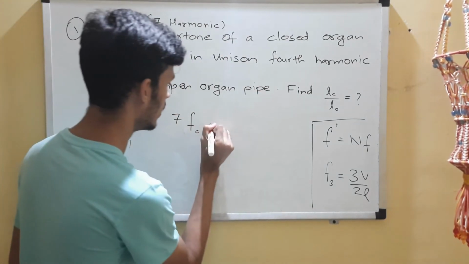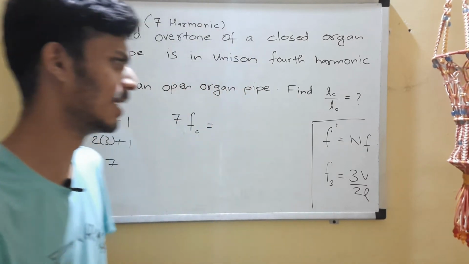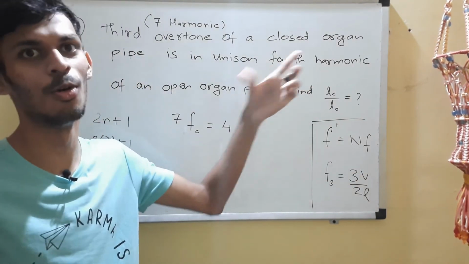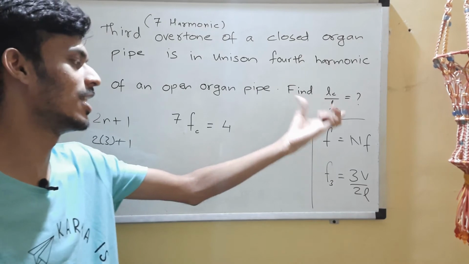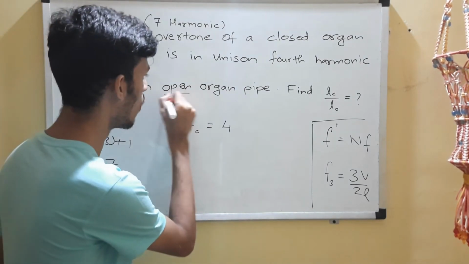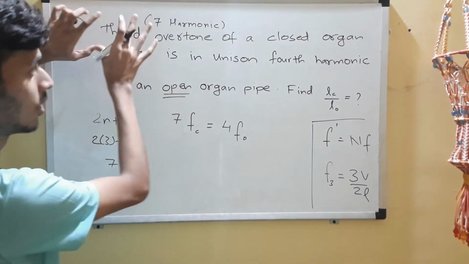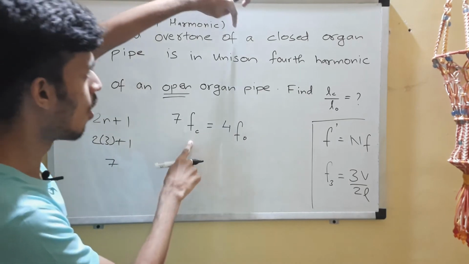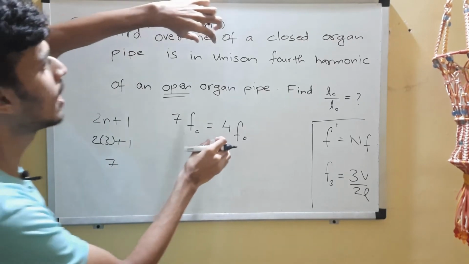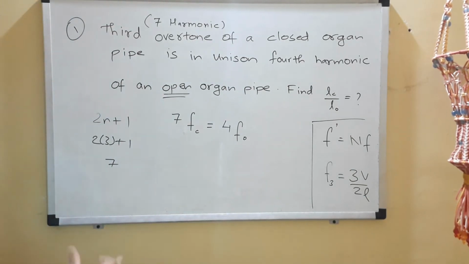And this is in unison, equal to the fourth harmonic of an open organ pipe. No overtone is given here, so we need not convert it; it's given in simple terms. So it is 4 times the fundamental frequency of the open organ pipe. You can read it this way: the seventh harmonic, or third overtone, of a closed organ pipe, that is 7 times its fundamental frequency, is equal to the fourth harmonic of an open organ pipe, 4 times its fundamental frequency.